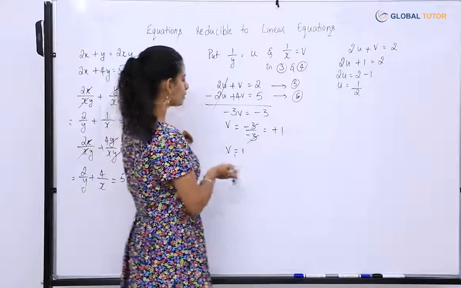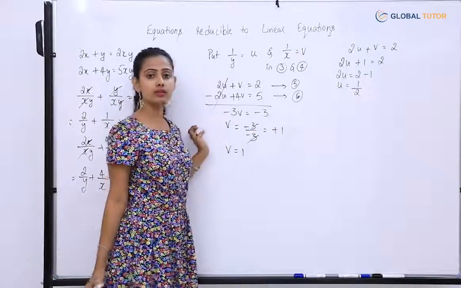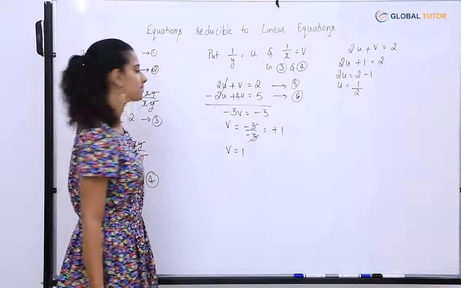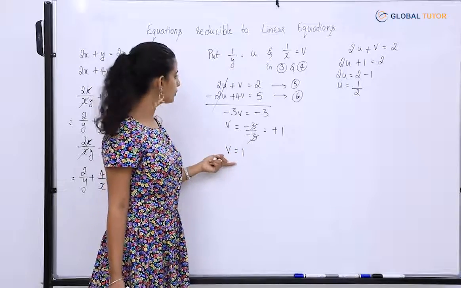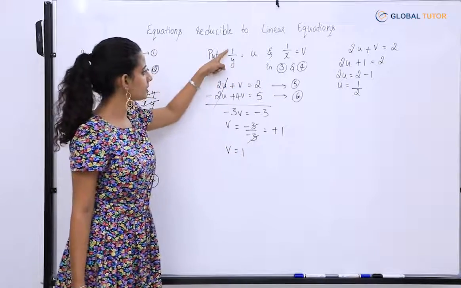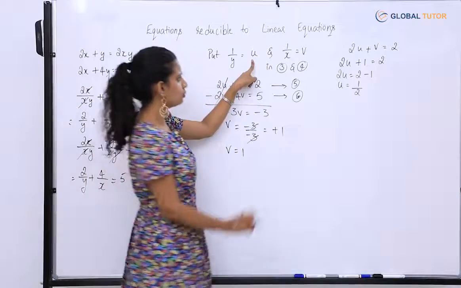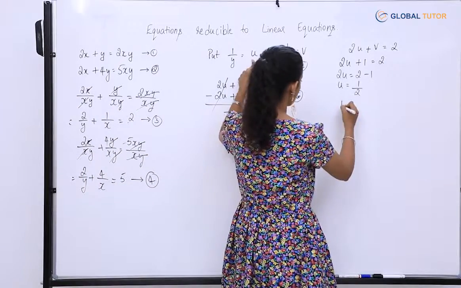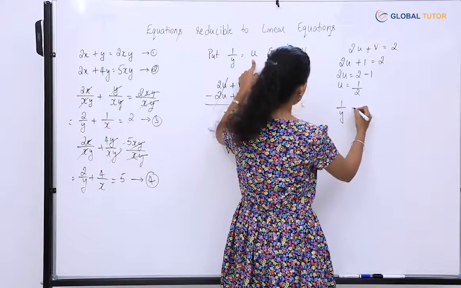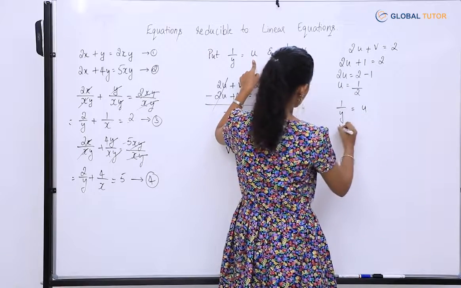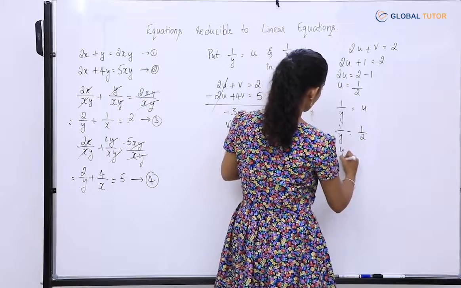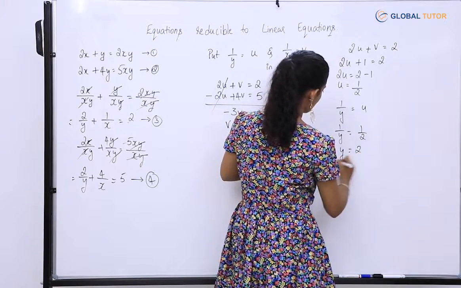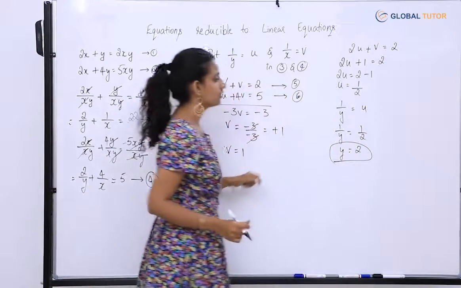We have the values of v and u. However, the question was given in the format of x and y. So, like the previous examples, we are going to replace the values here. We assumed 1 by y as u, right? So, 1 by y is equal to 1 by 2. So, y is equal to 2. This is the y value.